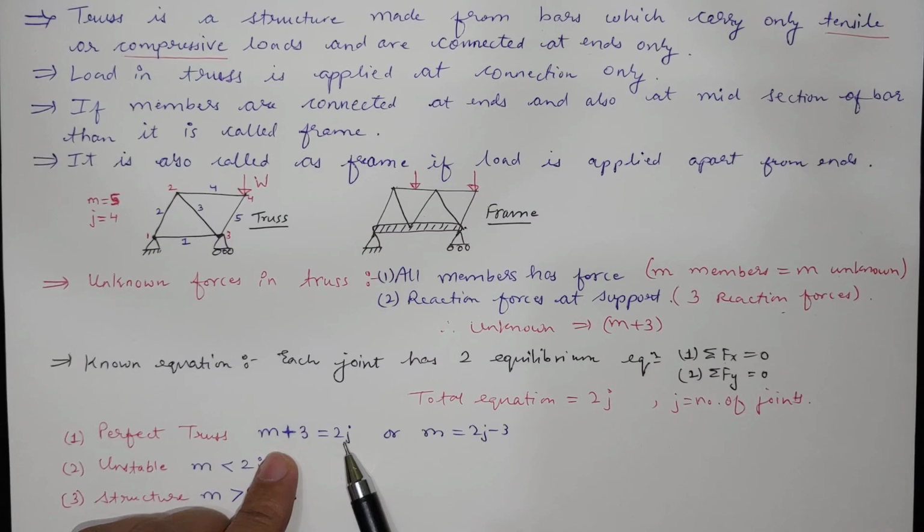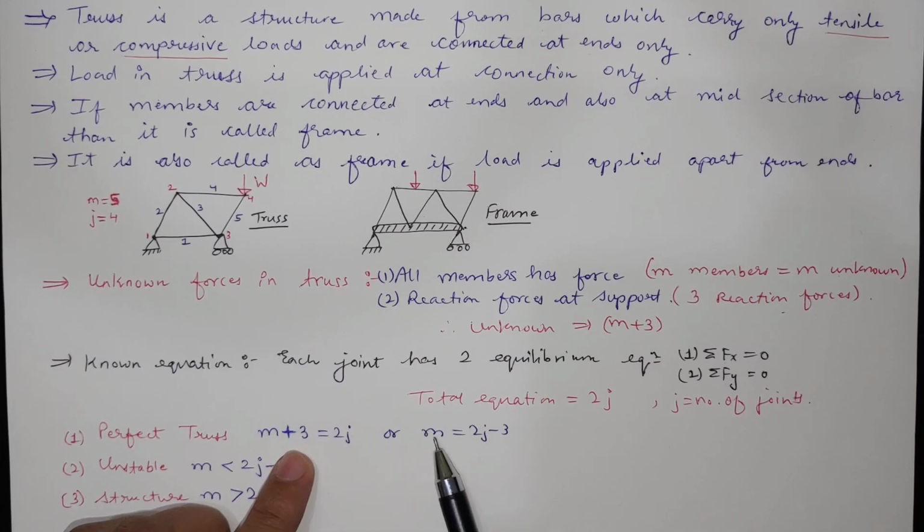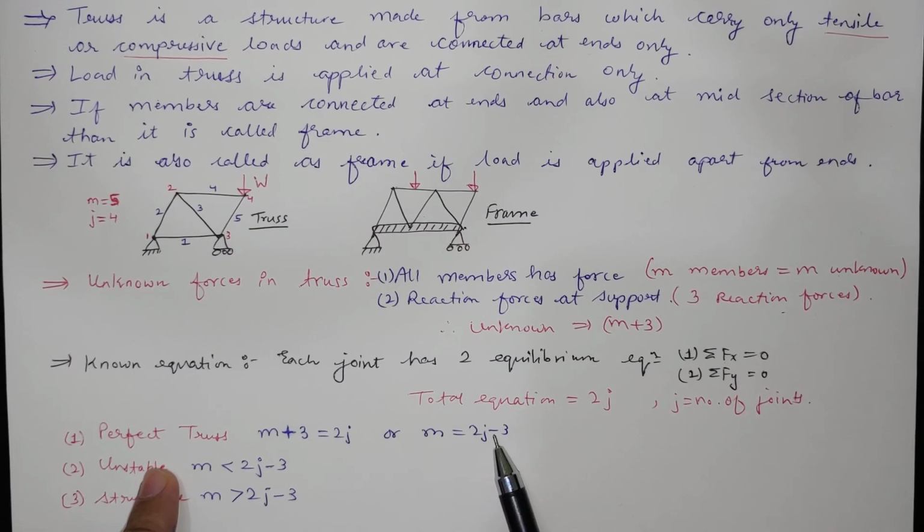If they are equal, we can find all the forces. If we bring 3 across, then M is equal to 2j minus 3. So in this case we can know all the forces. It is called a perfect truss. A perfect truss is completely balanced, where we can find all the forces.